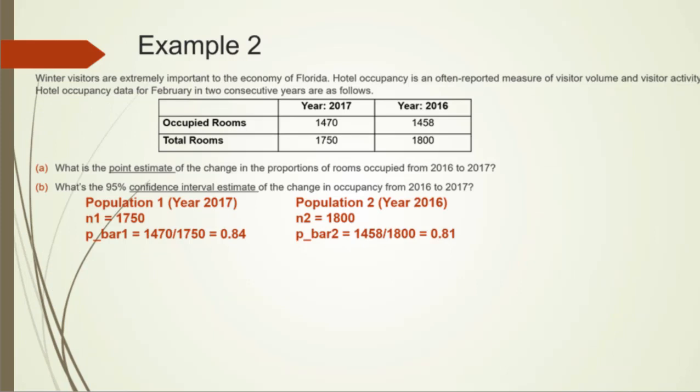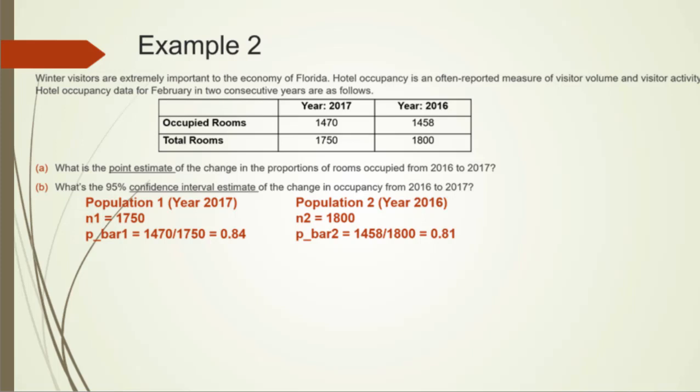I would first summarize all the numerical information from this story problem, especially because we have two different populations now, we will have two sets of different numbers. I denote the year 2017 as my population 1 and the year 2016 as my population 2. You can use 2016 as your population 1 and 2017 as your population 2. It doesn't matter.